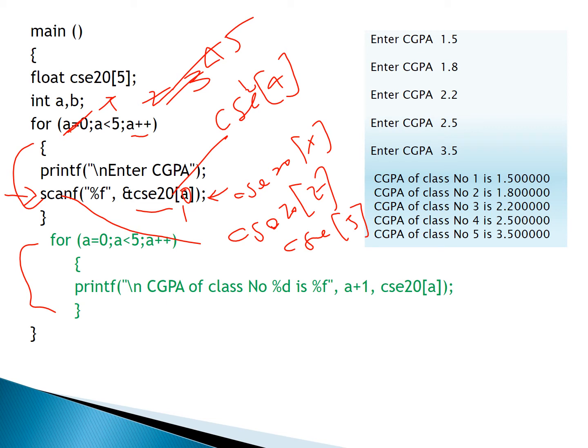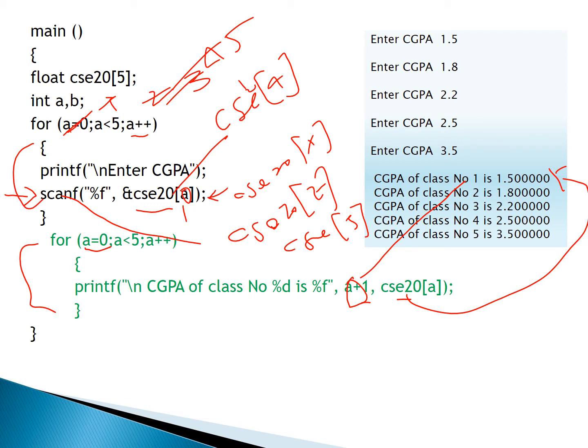Here you can see the value of a is now 0 again. So here %d, 0 plus 1, that is 1, and the value at index 0 will go to this statement. So that is the output.